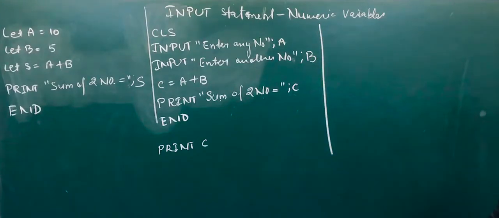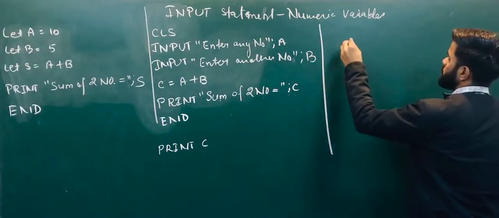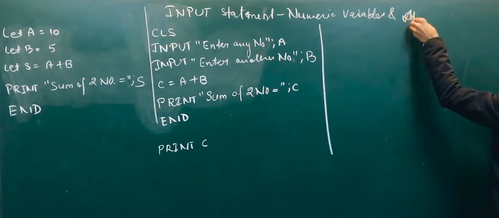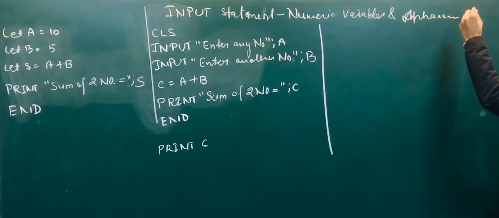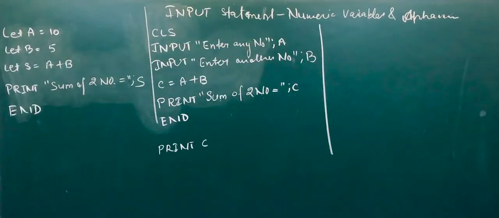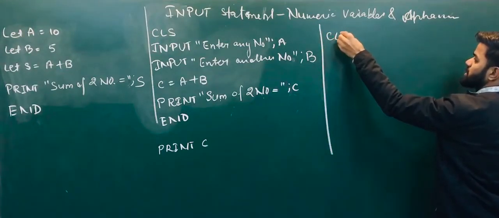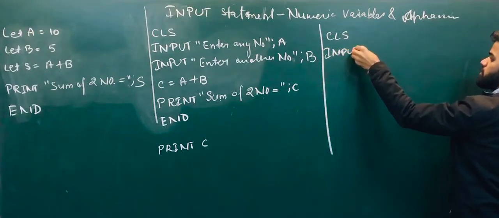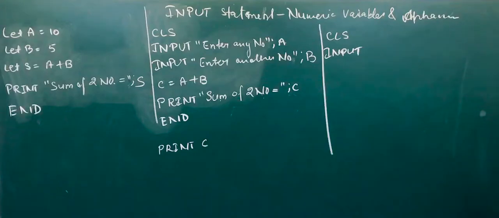Now after this we can use the input statement again with numeric and alphanumeric variables, because we all know numeric and alphanumeric variables. For alphanumeric variables, first we need to write CLS, and then in input, we all know that if we are using an alphanumeric variable, then we need to initialize some characters also.